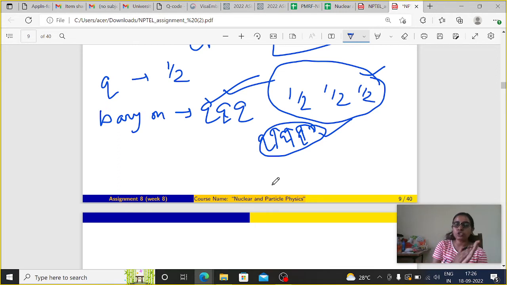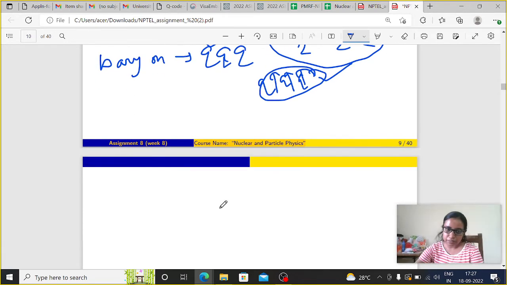So we have to do something which can remove that type of discrepancy in our quark model, that in baryon the QQQ configuration will be there, but at the same time there will be no Pauli exclusion principle violation. It's a problem. So to solve this problem, we will introduce one quantum charge, which is known as color charge.